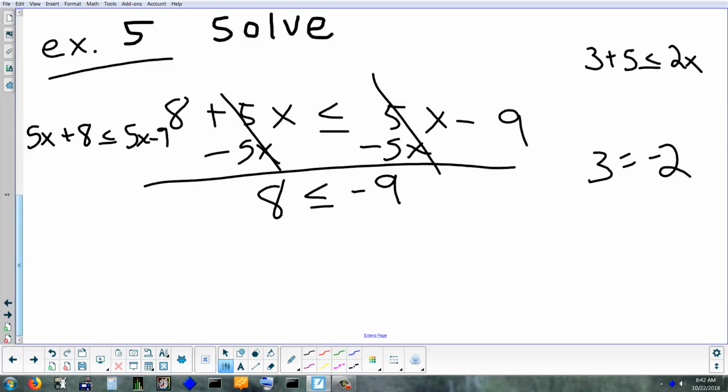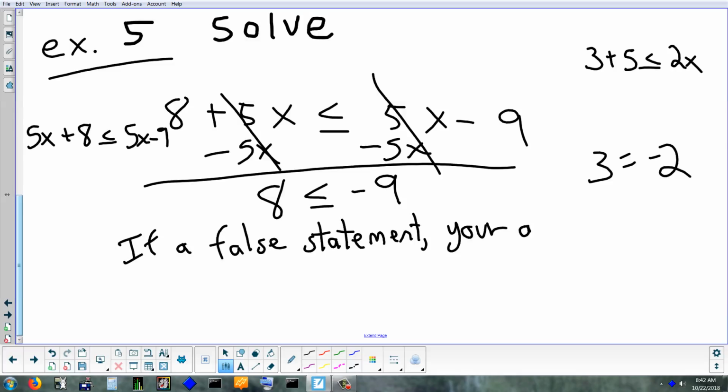No solution, right? So if we get a false statement, your answer is no solution. Again, we didn't show you one, but we may do one tomorrow where if you get a true statement, it'll be all real numbers.